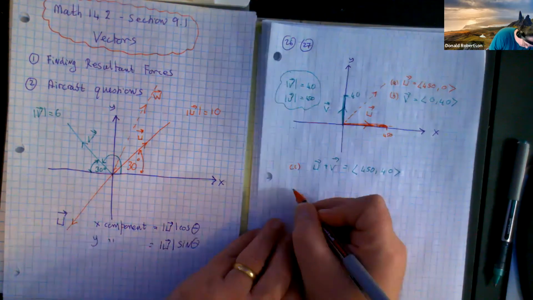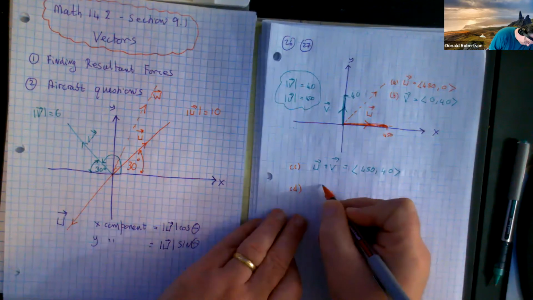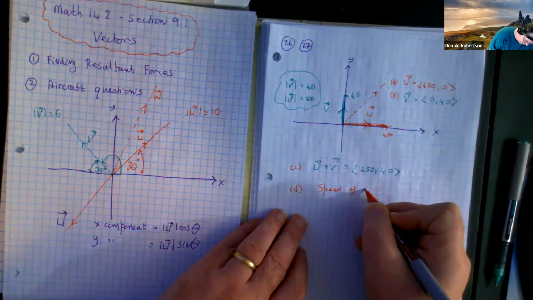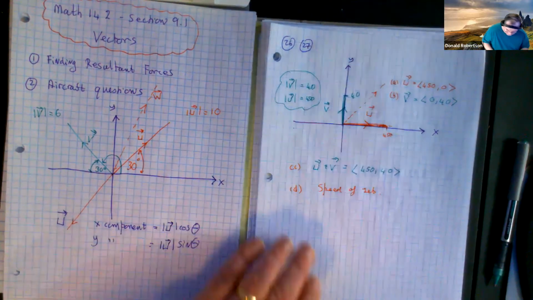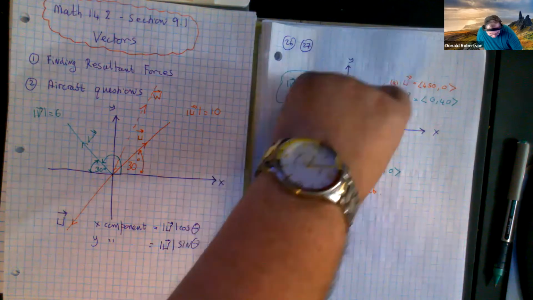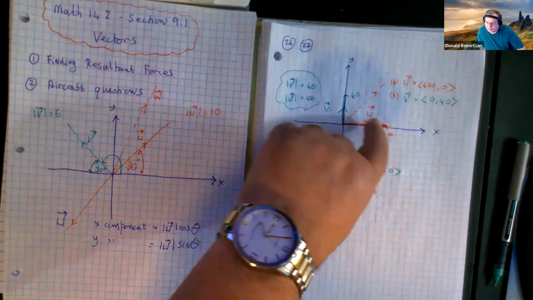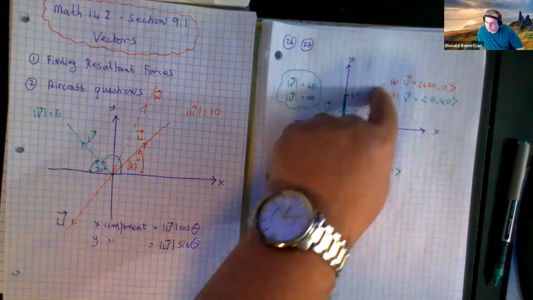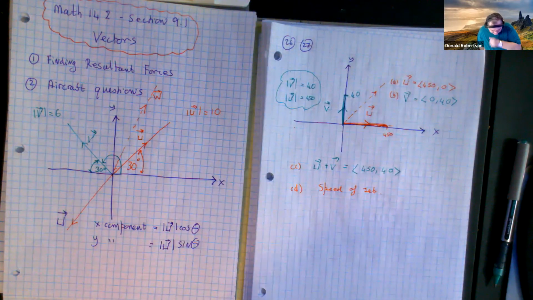And then question D asks for the speed of the jet. Now, this is the direction that the jet's traveling in, right? When you compensate for the wind and the jet flying east, this is actually the true direction it's going.